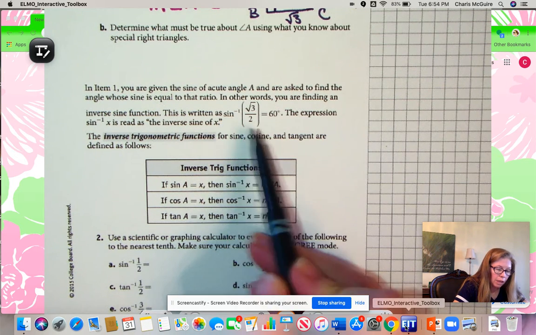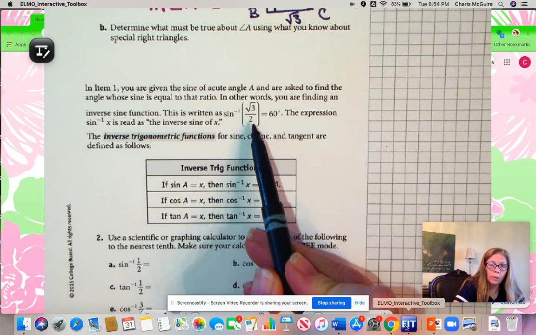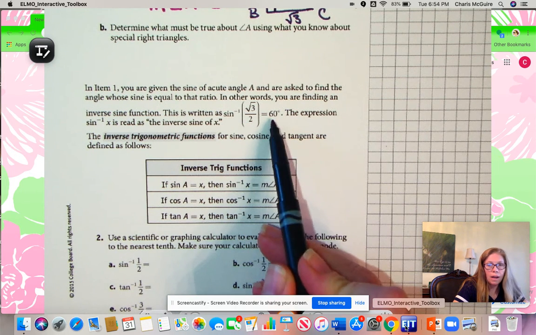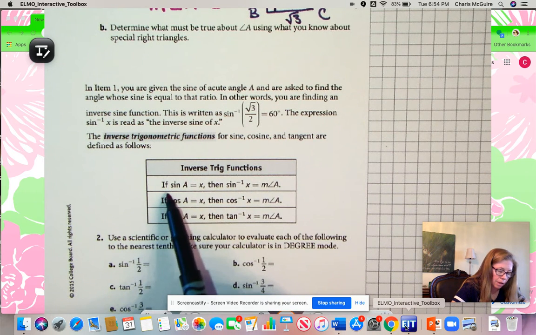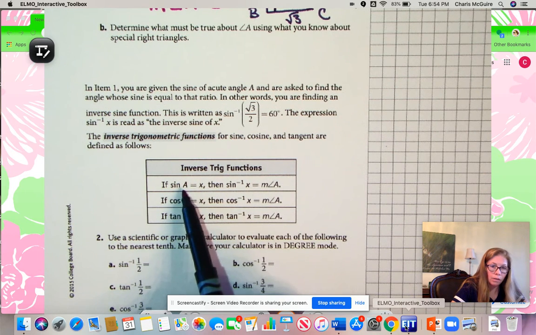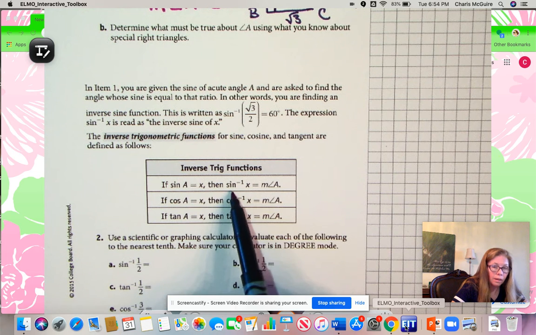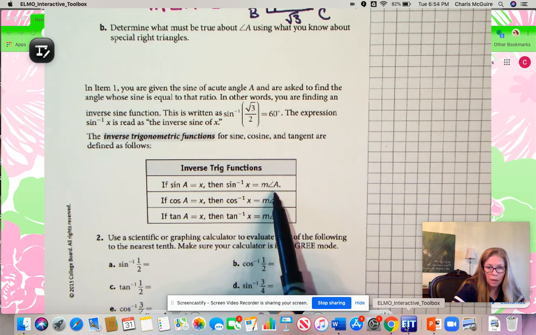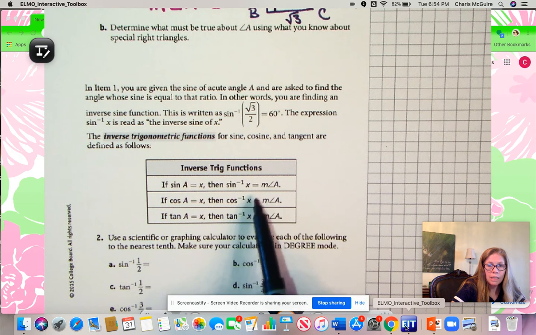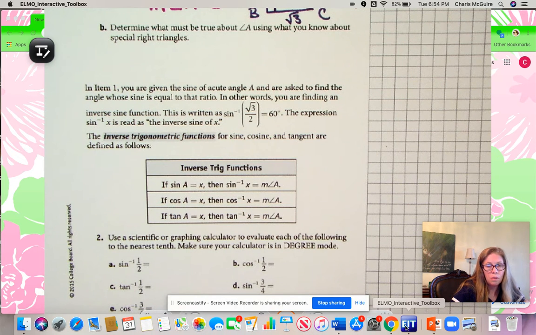But we're going to be looking at the inverse of the ratio, and that is going to provide us with the angle measurement. So here's what the rule is down here. If we have the sine of angle A equals x, then the inverse of x, which is the ratio, is going to give you the angle. So when we take the inverse of the trig ratio, it's going to provide us with the angle measurement.